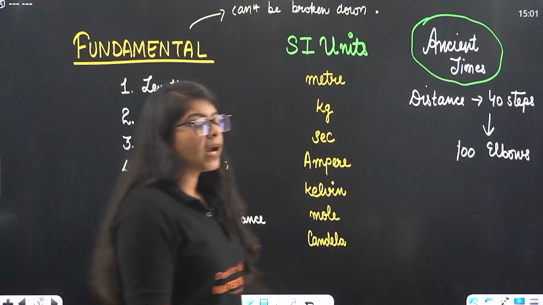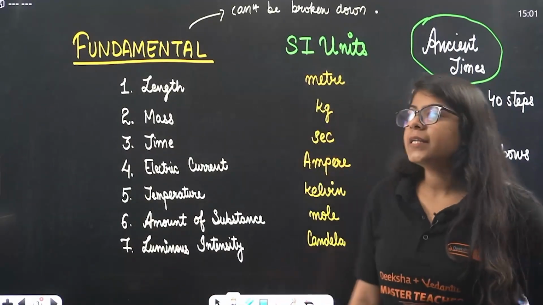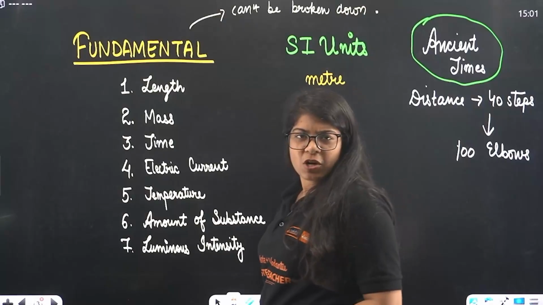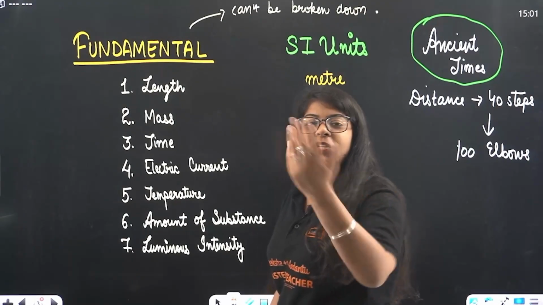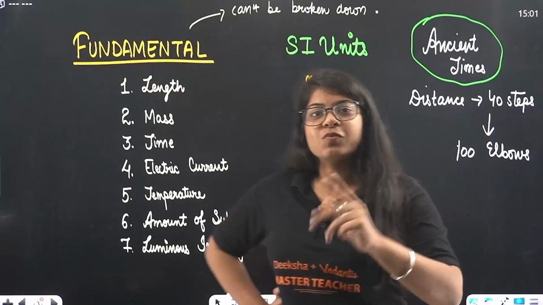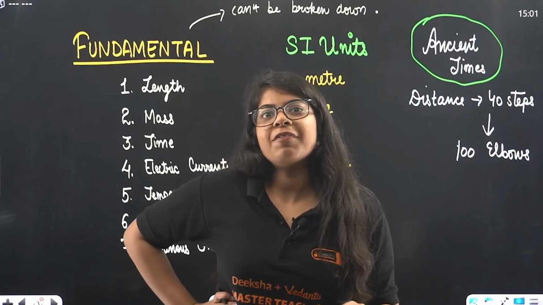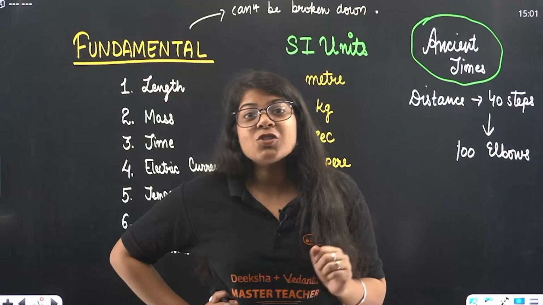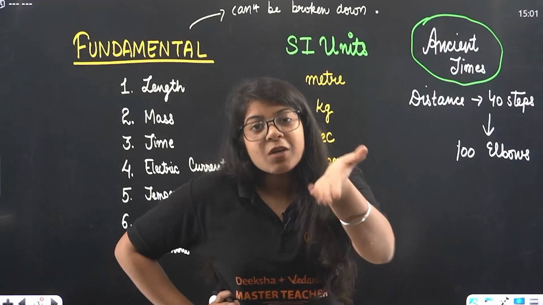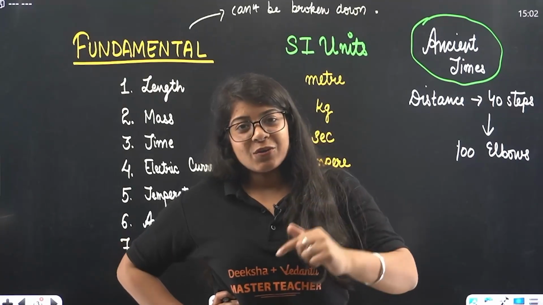Now beta, what are units? If I tell you I covered 5 kg of distance, you will laugh at me, right? Kg is used for mass. Or I covered 5 seconds of distance? Second is used for time, but we are measuring distance. Now you understand?